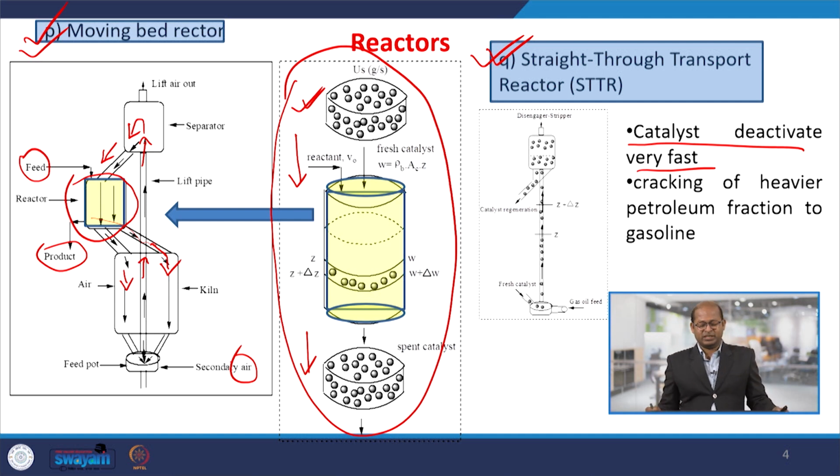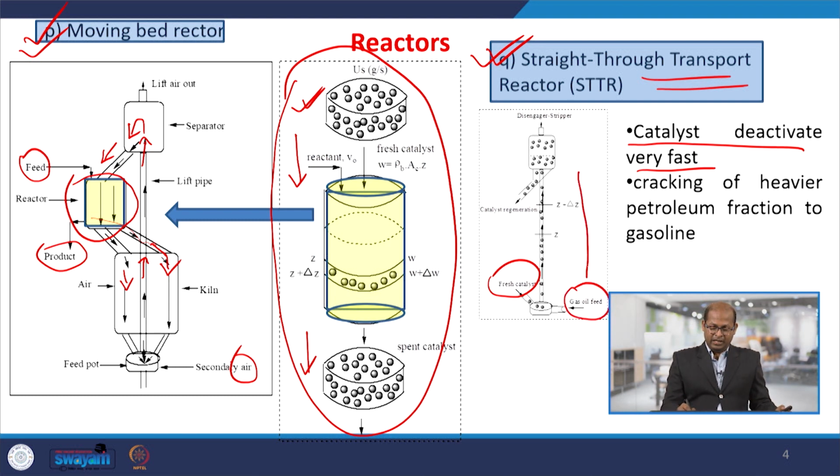Similarly, the straight through transport reactor is another type of reactor. The purpose here is the same, for when the catalyst deactivates very fast. For that purpose we can also use straight through transport reactors. Here too, fresh catalyst is charged from the bottom along with the feed gas, and it is passed through a tube.